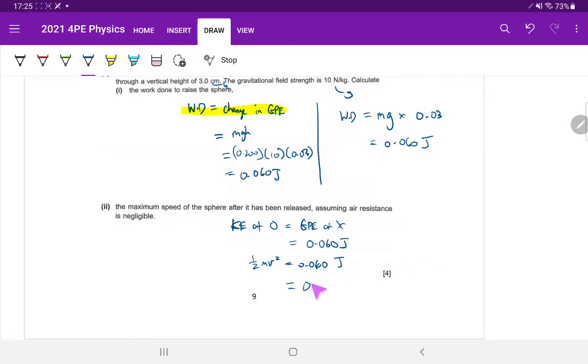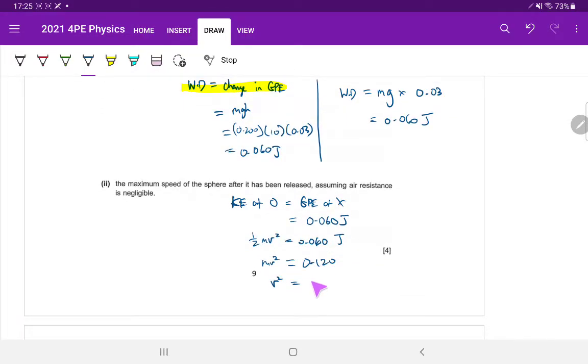So times 2, 0.120 equals mv squared, divide by m, which is 0.2, so that would give me, I think, 0.6, and then v will be the square root of 0.6, which is 0.775 meters per second to 3 SF.